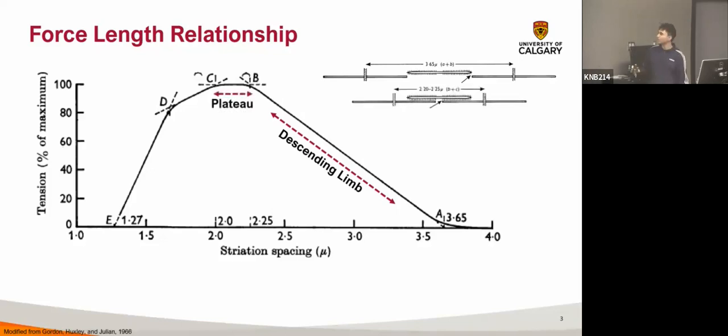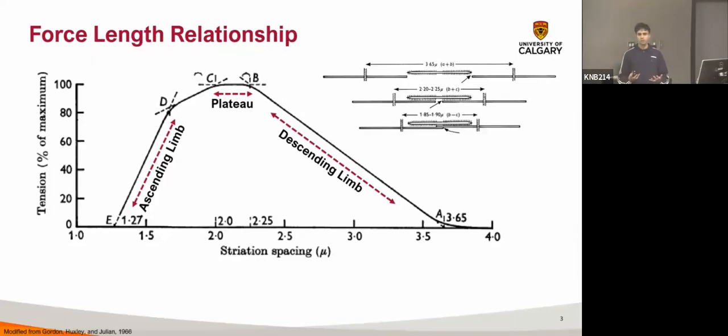Eventually, we'll reach the plateau where we have optimal overlap. And then past that, we start to have other constraints that reduce the amount of cross bridges and reduce the amount of overlap, which causes a decrease in force on the ascending limb. So using the amount of overlap, we can very clearly predict the amount of force that a myofibril produces or that a whole muscle produces.